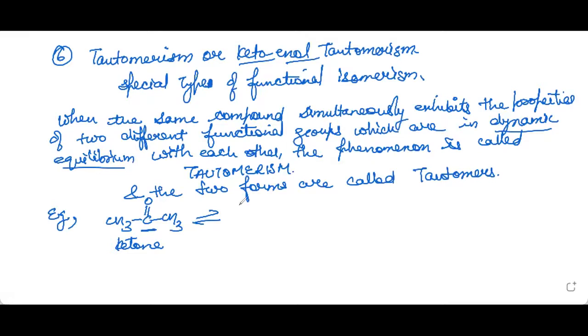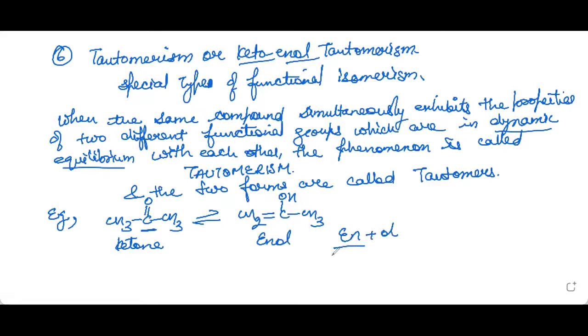Okay, now let us draw the enol form for this propanone. CH2 double bond C(OH) CH3. Now this is the enol form. Enol has two parts, ene plus ol.